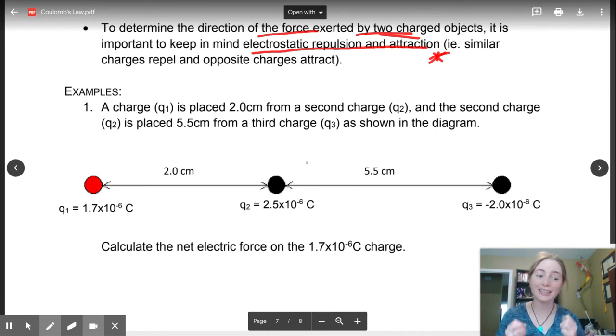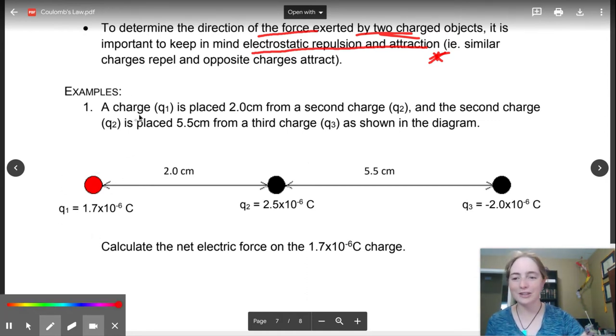That's really where it's going to come into play here, and this is where we're really going to see those absolute values being needed. We'll add on our positives and negatives using the laws of electrostatic attraction and repulsion after we've done our calculations. No better way than to jump in the deep end, so let's get into our math.